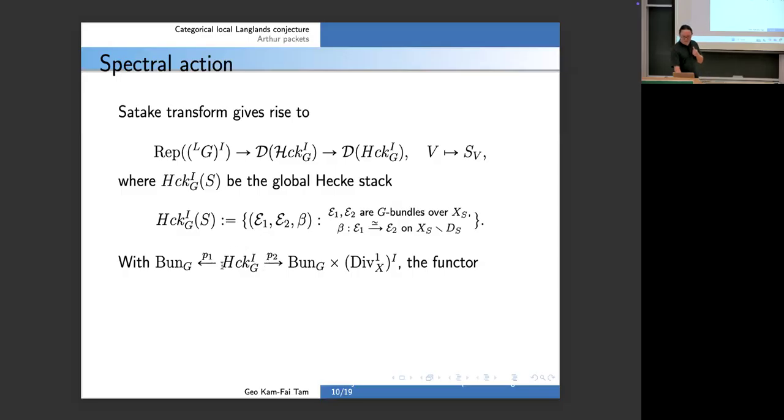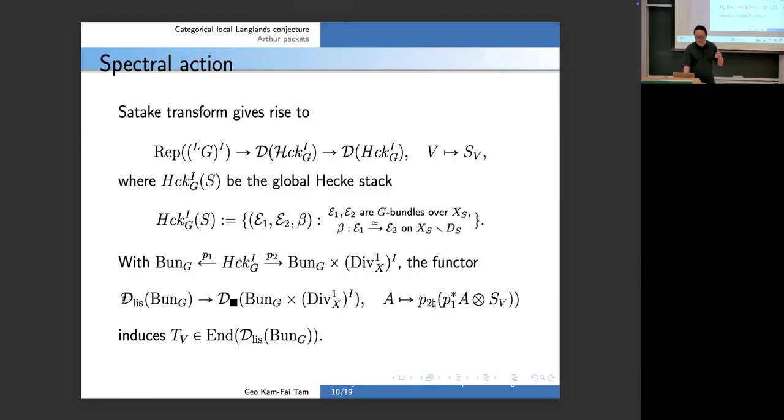So here the global Higgs stack projects to Bun by taking the first piece. You can also take the second piece to Bun, but this is a technical part which I have yet to understand. Roughly speaking, you also remember this divisor, and you do this kind of pullback, push forward, sort of like doing a Fourier transform with this character S_V, to a given sheaf on Bun.